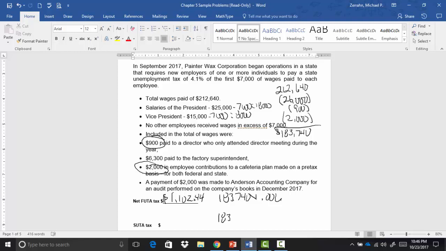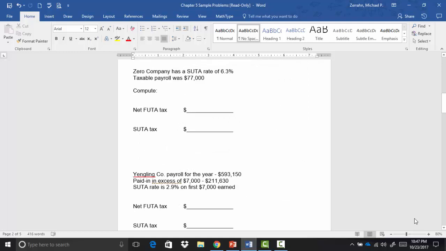So $183,740 times my state tax rate of 0.041. So my state taxes are $7,533.34.